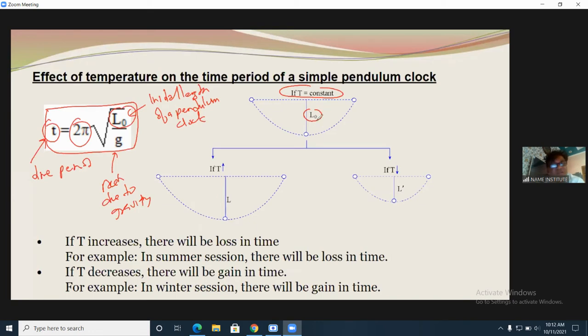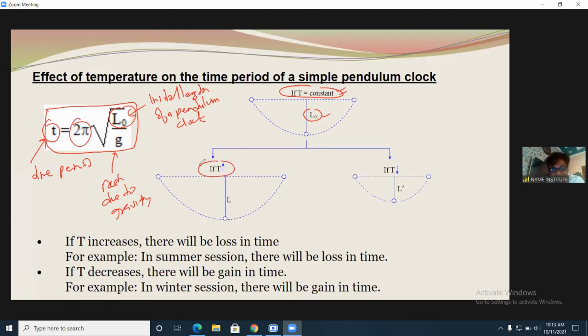Only when the length changes may there be a loss or gain in time, as I will discuss now.